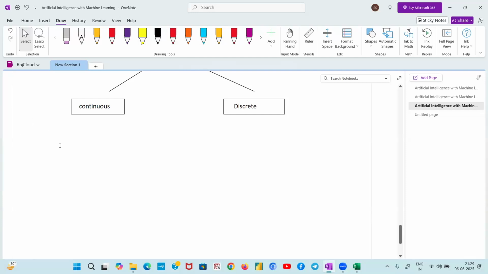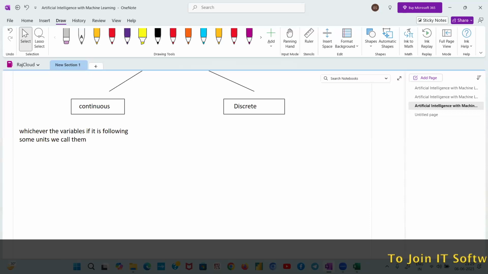Yeah. Then listen carefully. Whichever variables follow some units, we call them continuous.